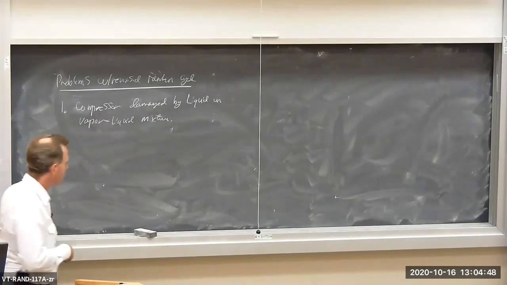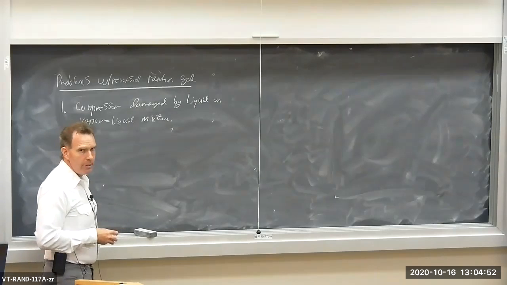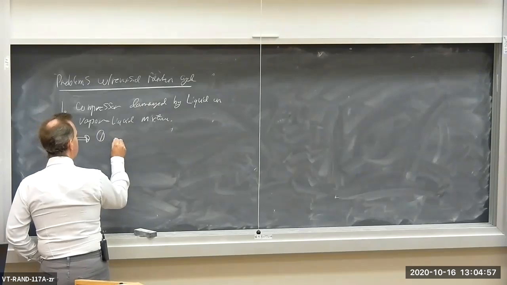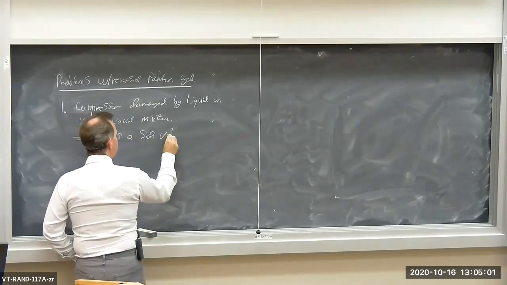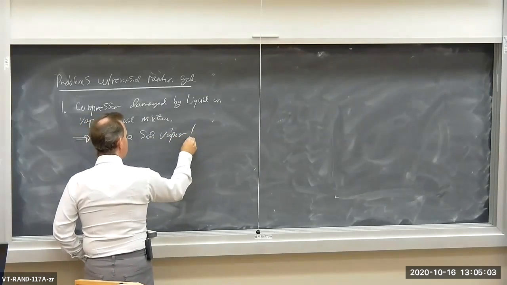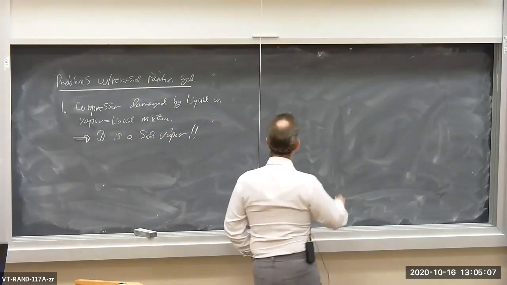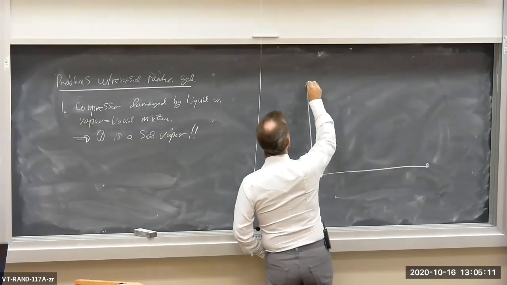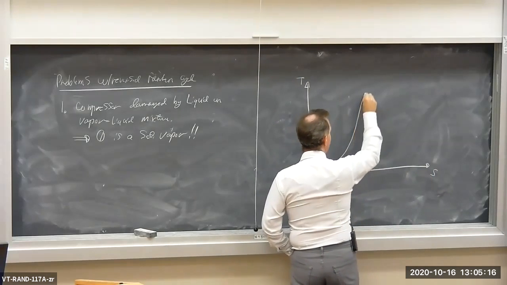Okay? So the solution is to make sure that state 1 is a saturated vapor. Okay? So state 1 will be a saturated vapor. Let me draw the resulting TS diagram here, once we make these fixes. TS. So here's our saturation dome.